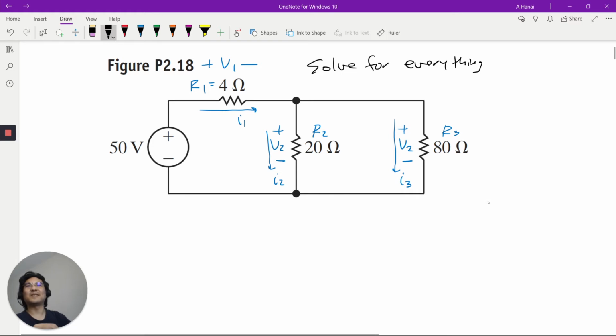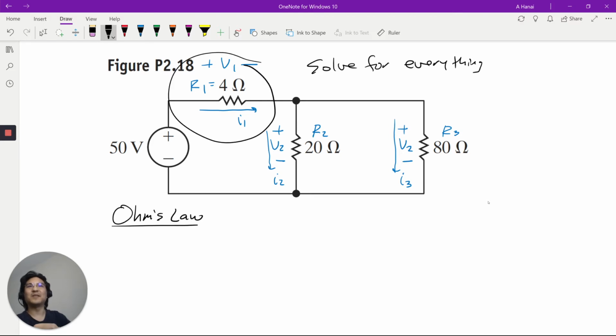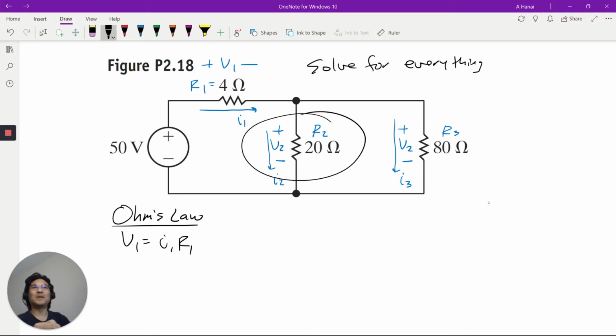Okay, let's practice using Ohm's law. So for this one, notice how voltage is positive going toward the right, current is positive going toward the right, so that means V equals positive IR. Same here, I chose to label it so the voltage is positive going down, the current is positive going down.